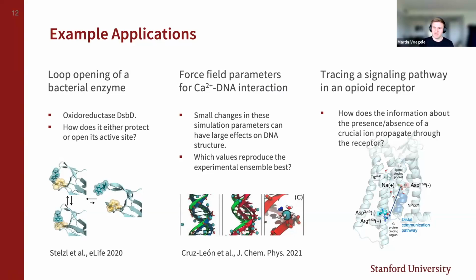Opioid receptors' function in the cell is to transmit signals from the outside to the inside, and those particular opioid receptors are very important because they work with, as the name already says, opioids, which are very important as painkillers, but also have a huge potential for addiction. Okay, so I'm first going to talk about how we're going to tackle those, and then I will come back to those examples.